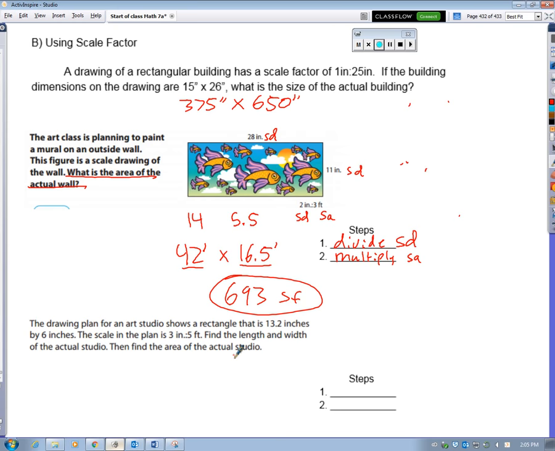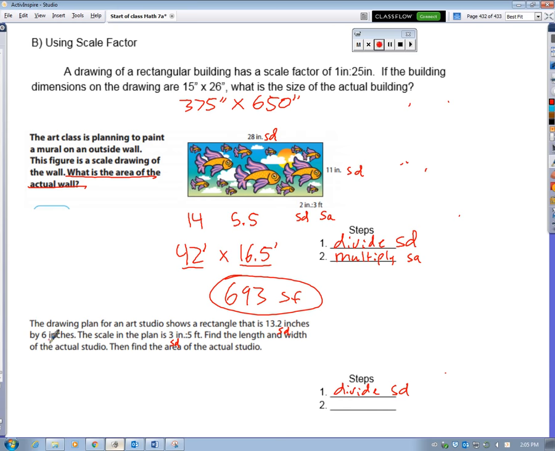We're going to use the same exact steps like we did above because we do not have a nice simple scale like 1 inch equals 5 feet. We have 3 inches equals 5 feet. So we have to do our 2 extra steps like we did up above. First, we're going to divide our SD, okay, our scale drawings. So here's the scale drawing, and then here's the one side of the scale drawing up here.